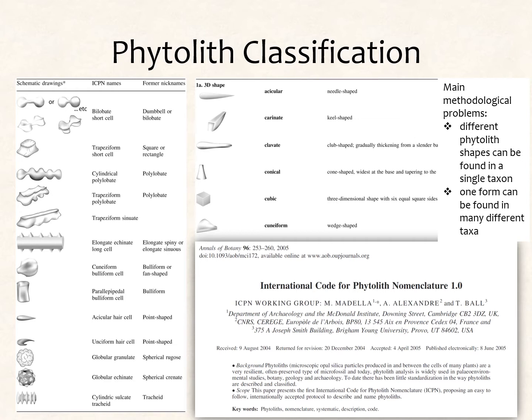A number of independent classification schemes of phytoliths have so far existed, generally for specific geographic regions. There was a certain amount of overlap between these schemes, and over the years a number of attempts have been made to develop a universally accepted standard classification.